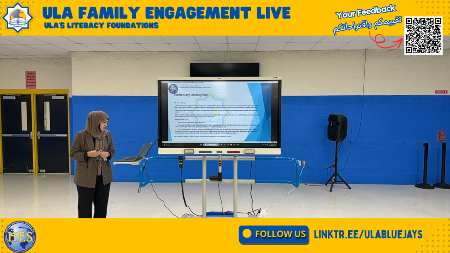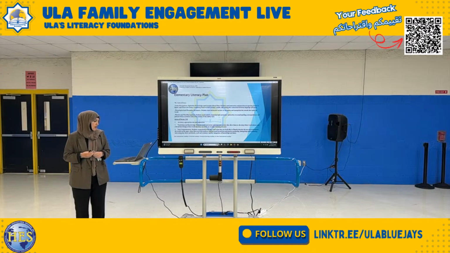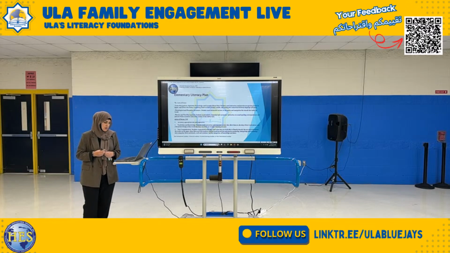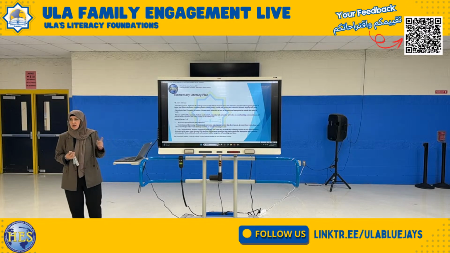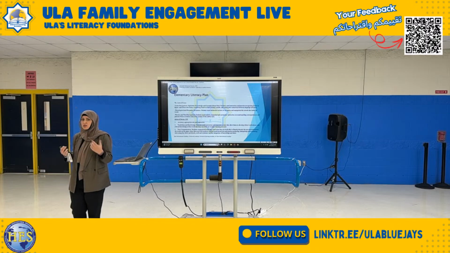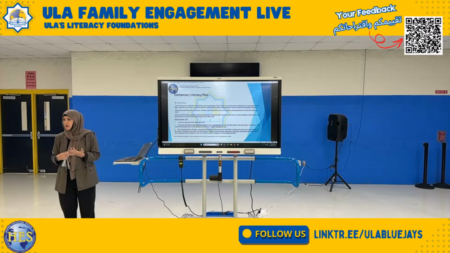Text comprehension: students comprehend what they read when they are both able to fluently decode the text and understand the words on the page. When these are both in place, students need instruction and practice analyzing, interpreting, and evaluating text using key ideas and details, craft and structure, and integration of knowledge and ideas. So again, when our kids are exposed to any kind of comprehension text, they are analyzing the text.